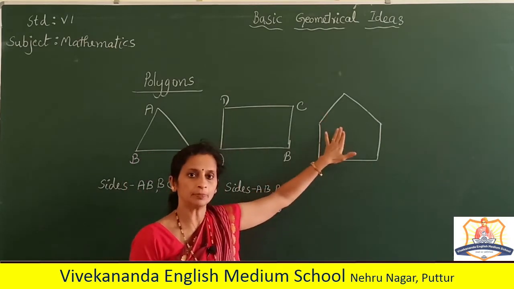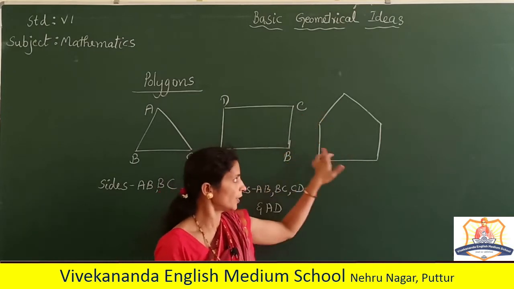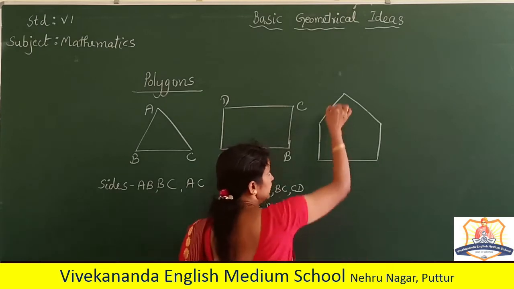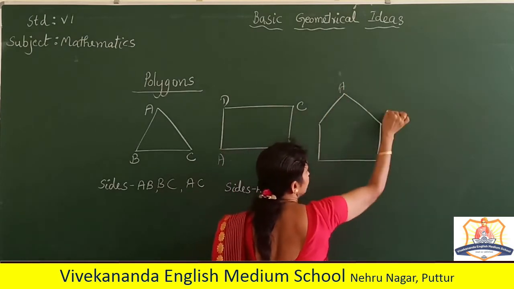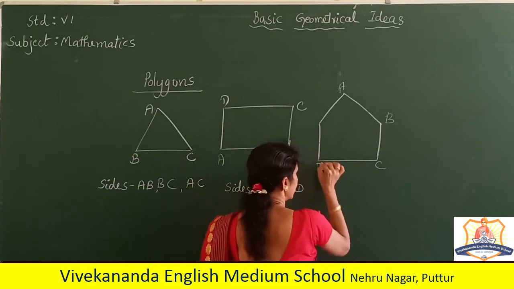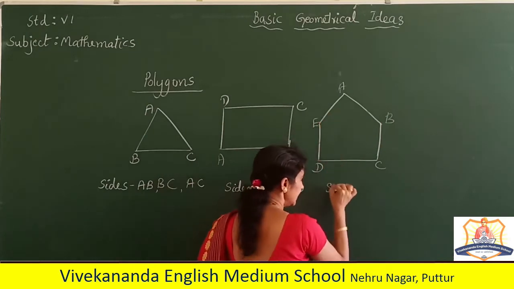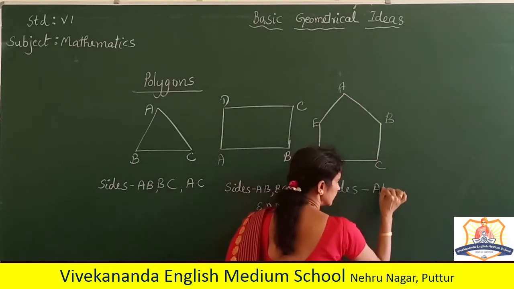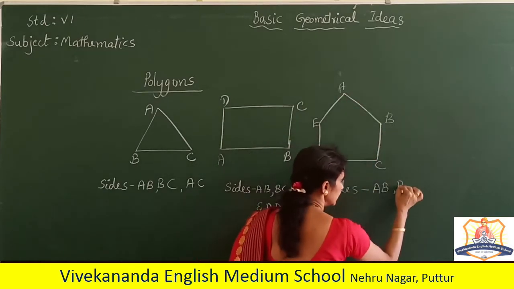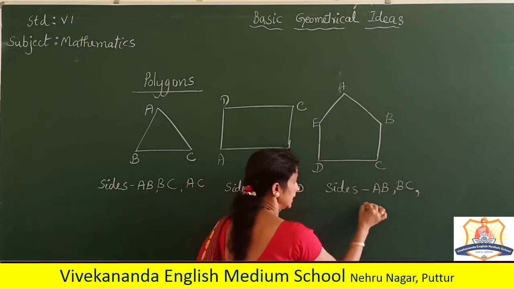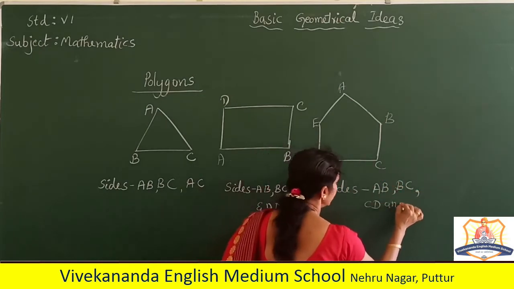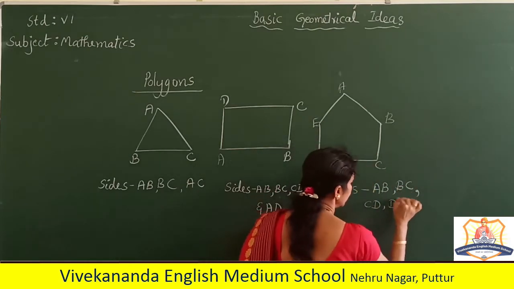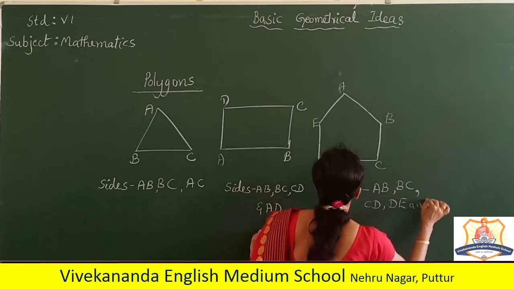We name this polygon which has 5 sides by the word pentagon. So we name it A, B, C, D, E. And the sides of this pentagon are AB, BC, CD, DE, and EA.